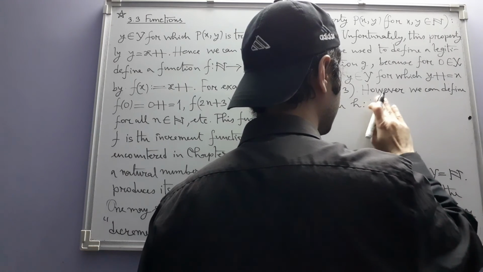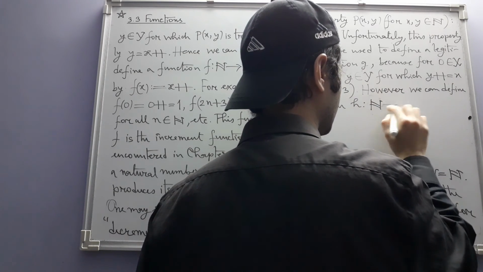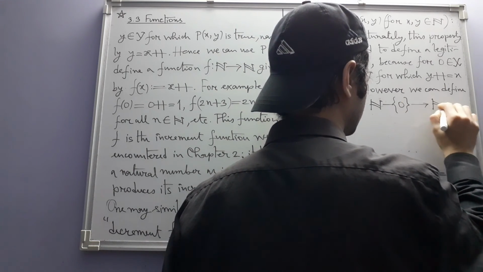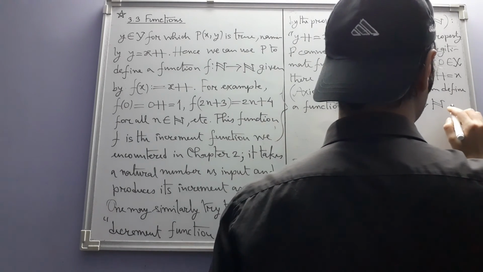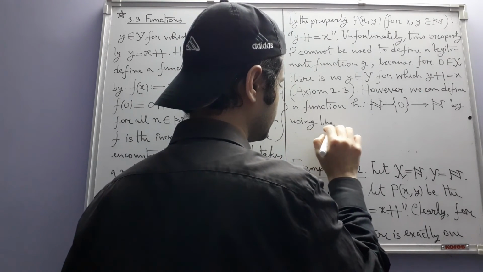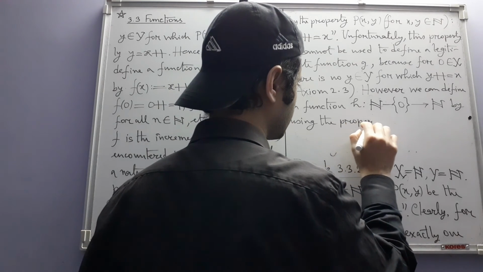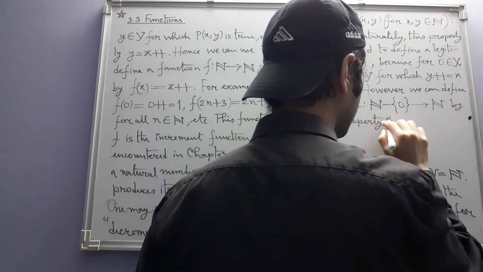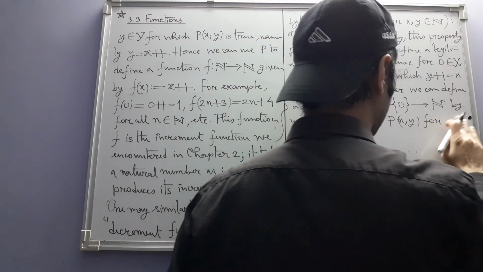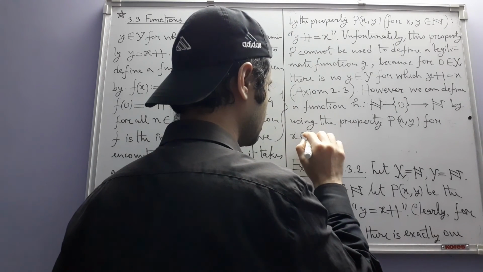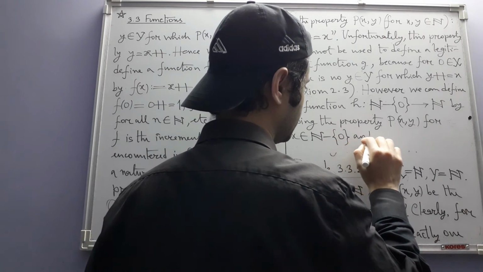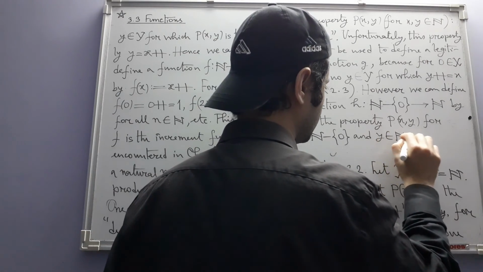So instead we define it from N minus 0, we are removing 0 from the first set, to N. We can define a function by using the property P(x, y) for x belonging to N minus 0 and y belonging to N. What is the property?